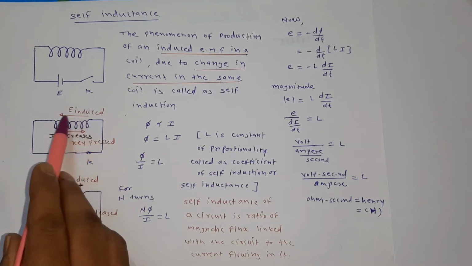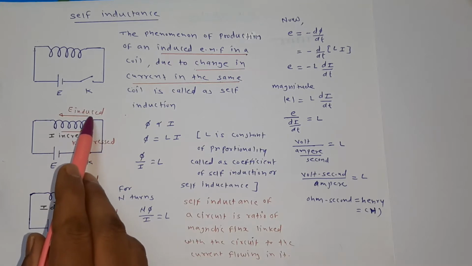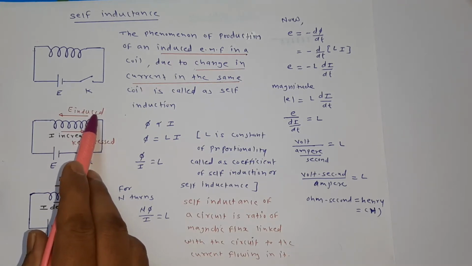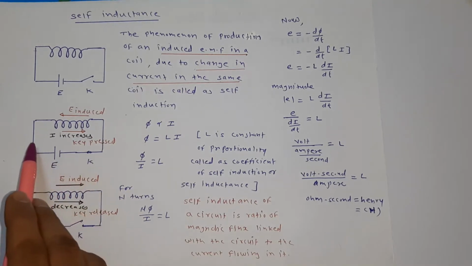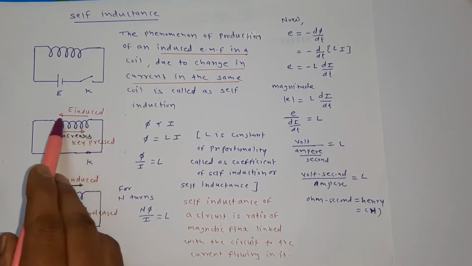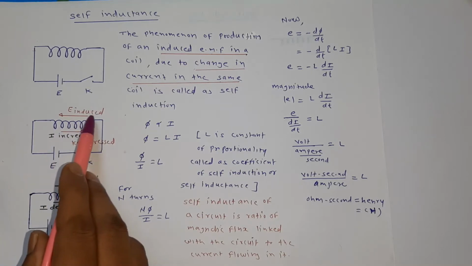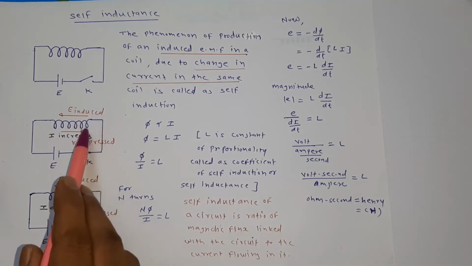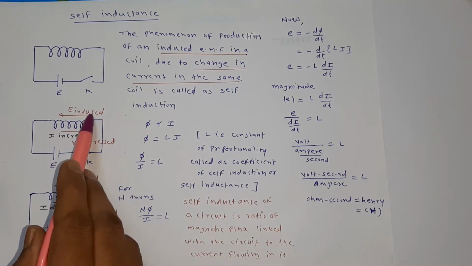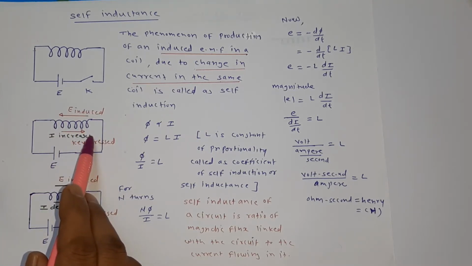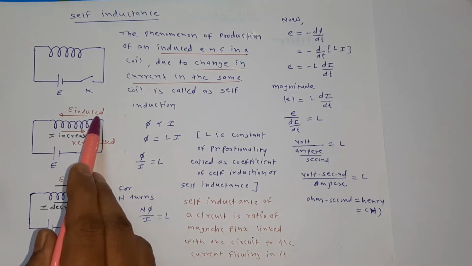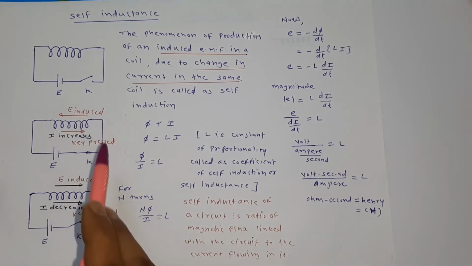As the magnetic flux changes, EMF gets induced, and the direction of induced EMF is given by Lenz's law, that is to oppose the cause which produces it. So when the key is closed, as current increases, magnetic flux linked with the coil changes and EMF gets induced. In this case, the direction of induced current is opposite to the direction of current. This induced EMF we also call a back EMF.